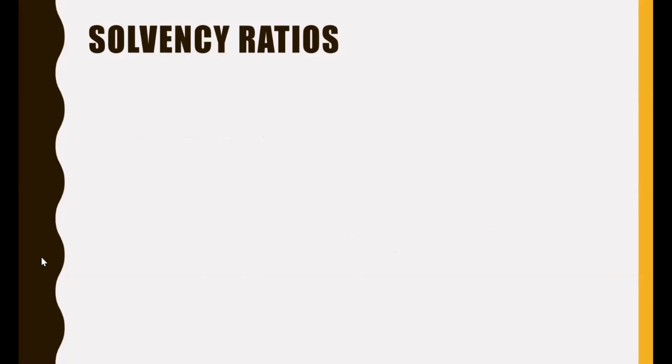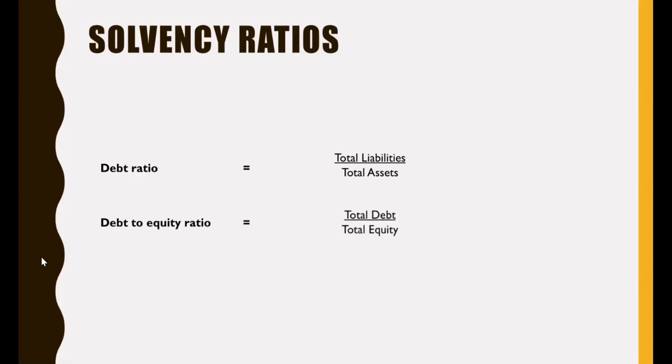Okay, so we have debt ratio, which is computed as total liabilities divided by total assets. Then, debt to equity ratio, total debt over total equity.